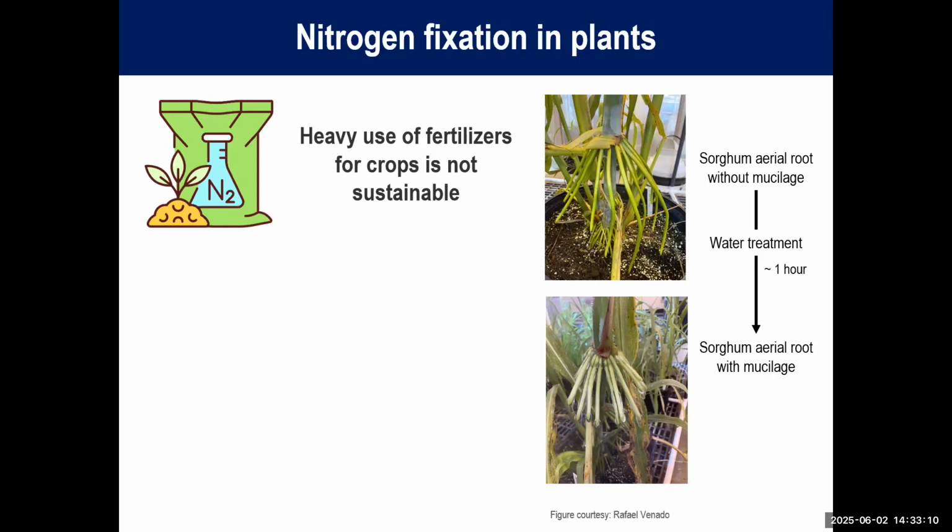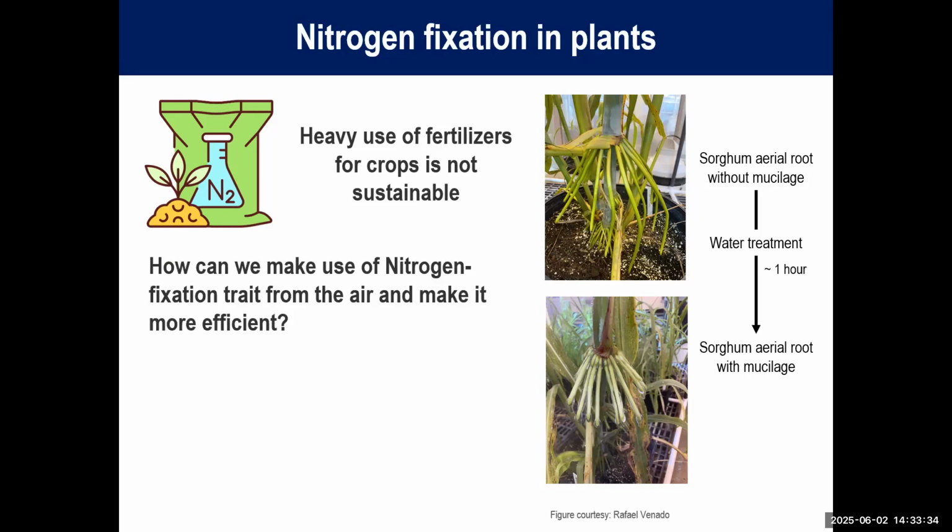Mucilage is a gel-like structure. And this mucilage has the property that it can host nitrogen-fixing bacteria. These bacteria can take up nitrogen from the air, and approximately 82% of the plant's nitrogen needs is taken care of by nitrogen from the air. So definitely the use of fertilizers is minimized a lot.